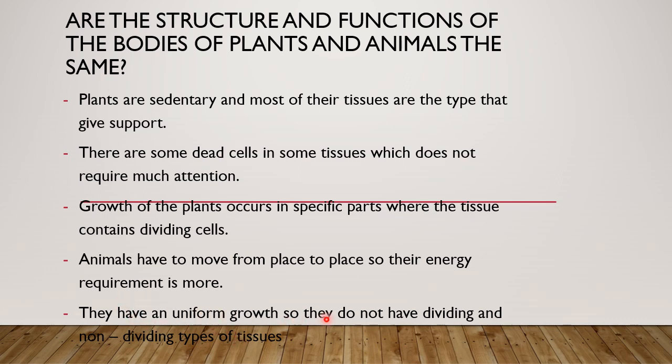So they do not have dividing and non-dividing types of tissues. So this shows that the structure and function of the bodies of plants and animals is not the same, because plants are sedentary and do not need to move, so most of the tissues give support, whereas animals require more energy because they have to move from place to place.